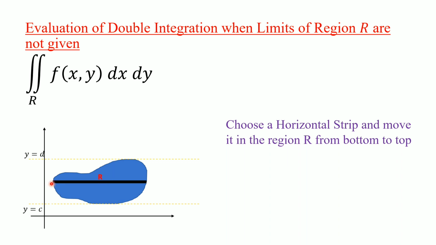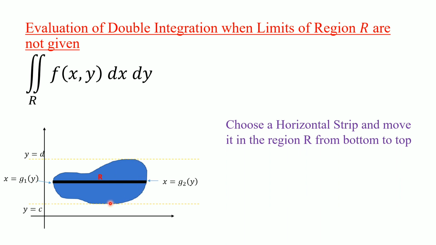Also, the left end of the strip will vary according to the left boundary of region R, say x equal to g1(y), and the right end of the strip will vary according to the right boundary of this region R. Let's say x equal to g2(y) is the equation of the right boundary of this region R.